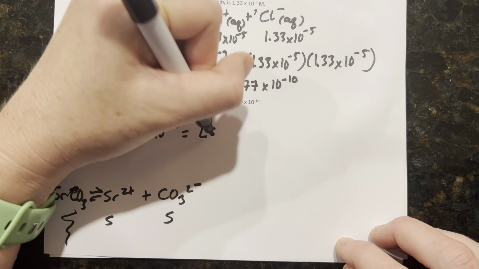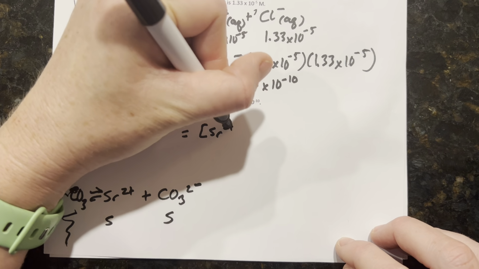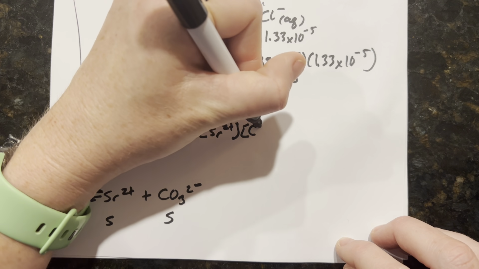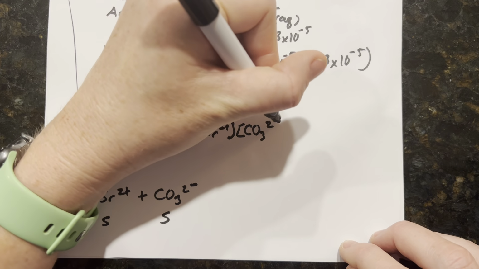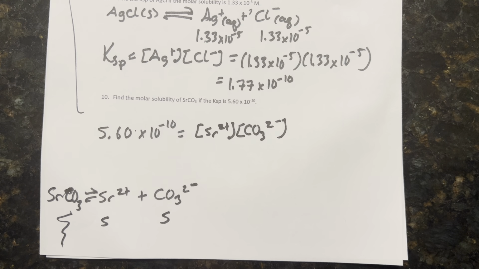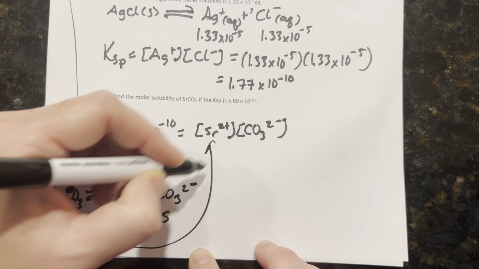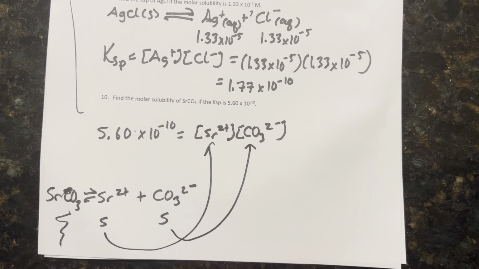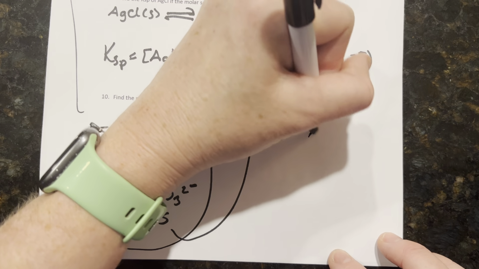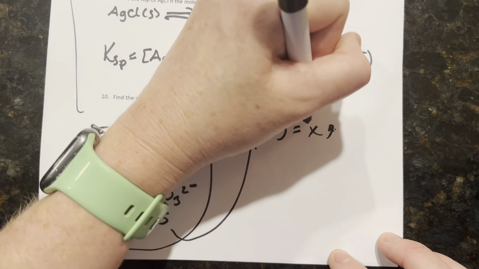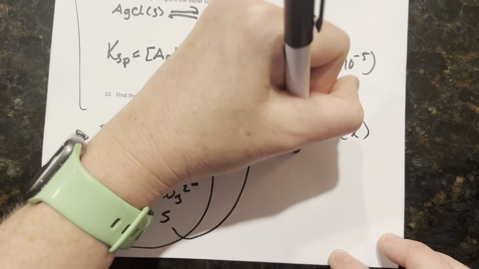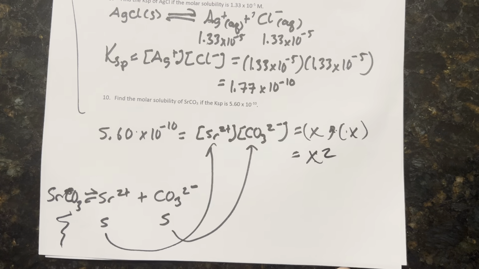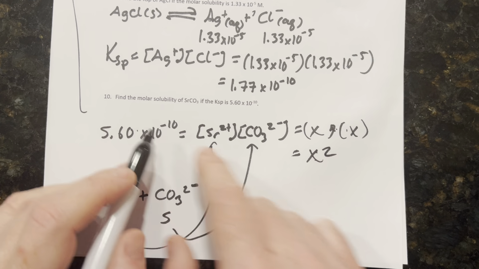And we know that this is equal to our products divided by the reactants, which are none that we can write. We just plug these in, just like we would an x times an x. In other words, x squared. So right now we have 5.6 times 10 to the negative 10 equals x squared.